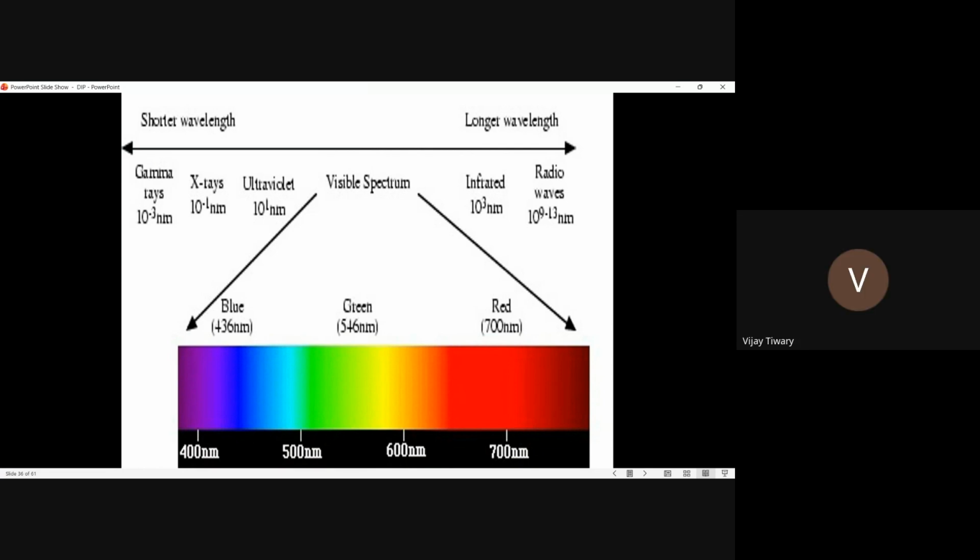Sir, what is the figure under blue and green? Blue and green means 4 nm. You see, the wavelength spectrum having 4 nm is blue color. Above, in parentheses, we have 436.